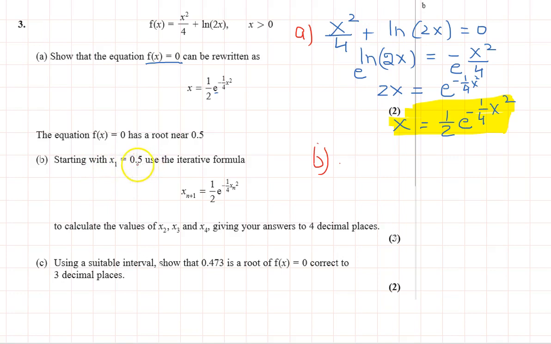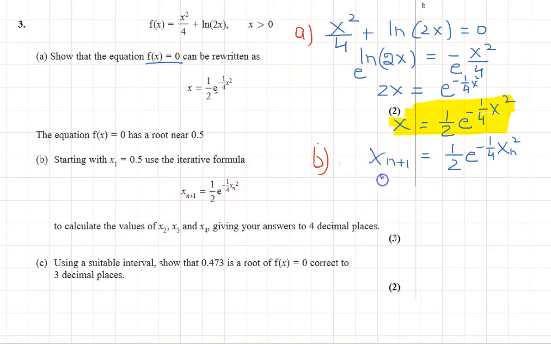Part B: the equation f(x) is equal to 0 has a root near 0.5. Starting with x1 is 0.5, use the iterative formula x(n+1) is equal to half e to the power minus 1 over 4 x(n) squared. Calculate the value of x2.